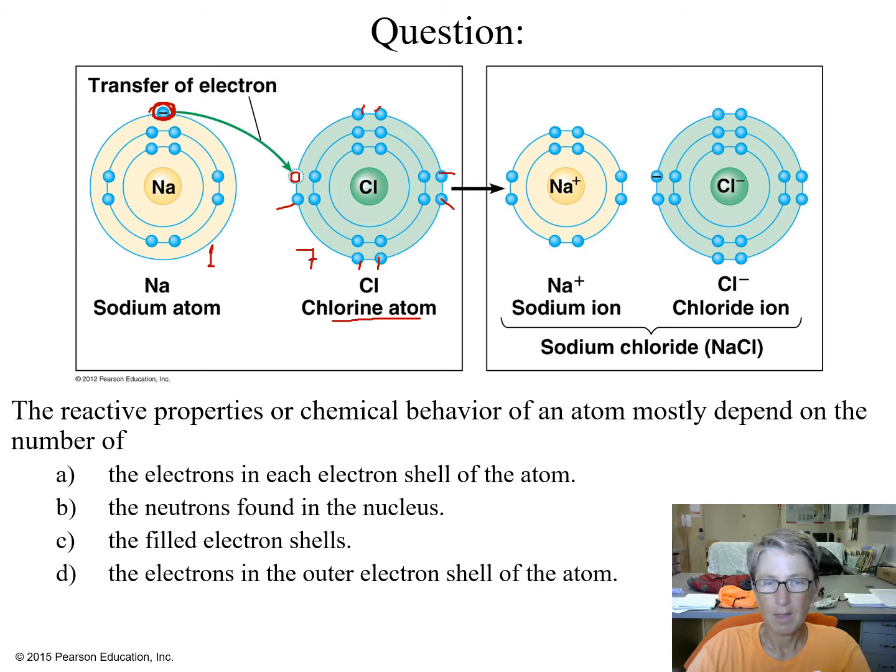Now check it out. Chlorine becomes an ion because it's got 8 electrons in its valence shell. Sodium has lost 1 negative electron, so it becomes more positive by 1.